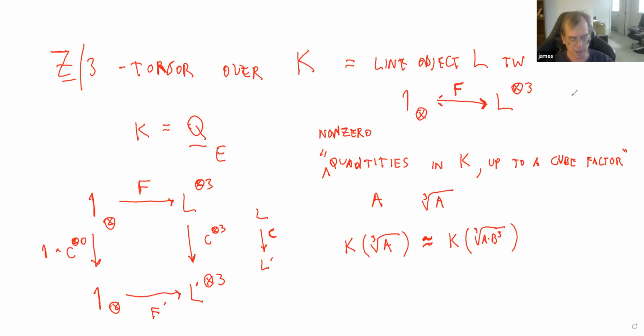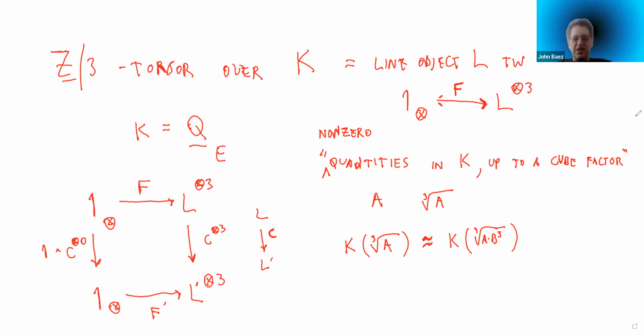Okay, but what is this thing? This is like some way to try to make seem quite trivial something or other. It's already so trivial that perhaps it doesn't need much help to be trivial. The classification of Z mod 3 torsors over the Eisenstein field is already pretty straightforward, but we're just putting it into this language that I like.